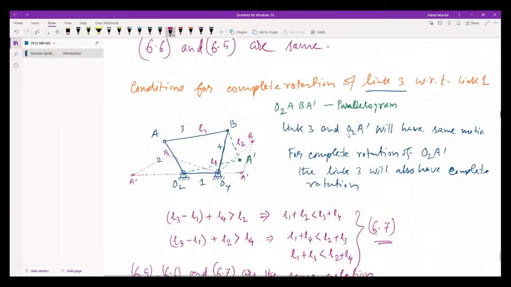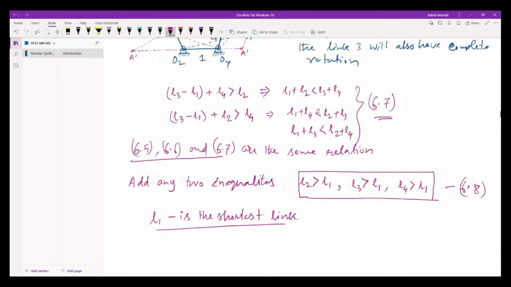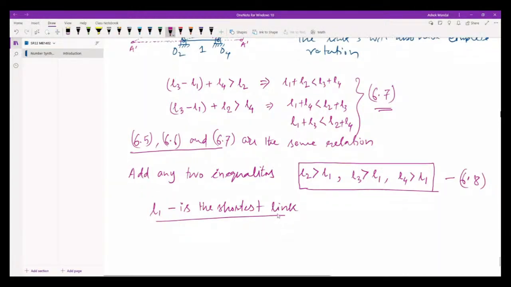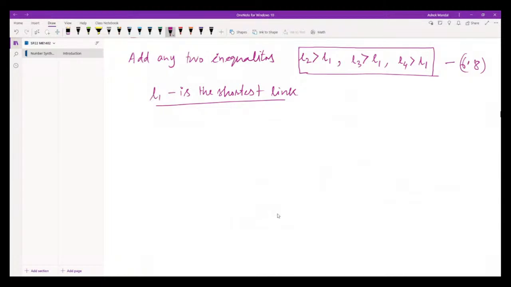You see that in all these three inequalities, you have L1 this side, and L1 is the shortest link. So we have proved that the complete rotatability of other links with respect to 1 is given by this relation, shortest link. Okay.